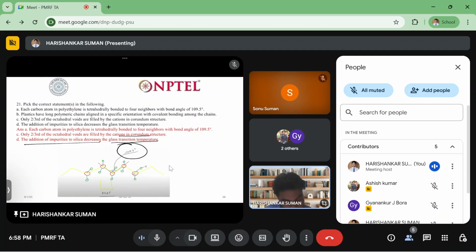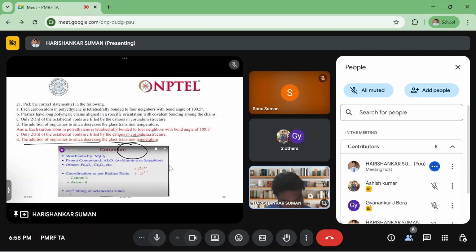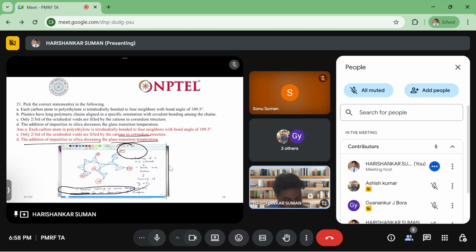You can see two-thirds. Impurity makes melting easier at low temperature for forming the shapes. So silica decreases the glass transition temperature. Next question.